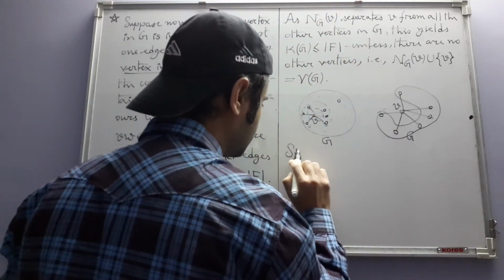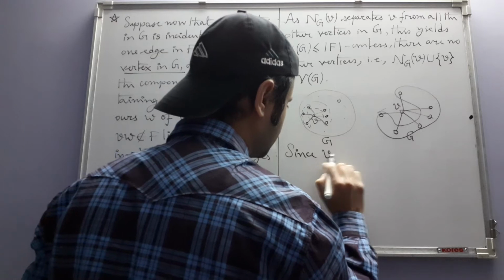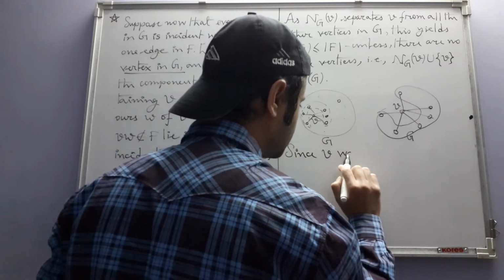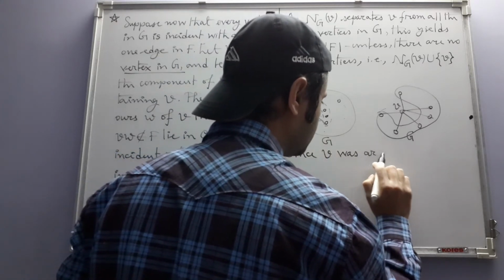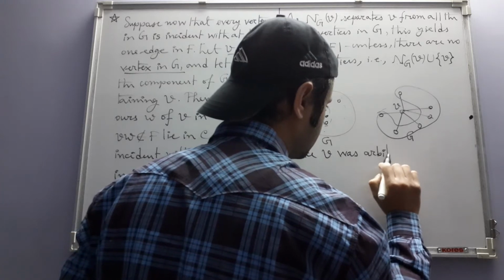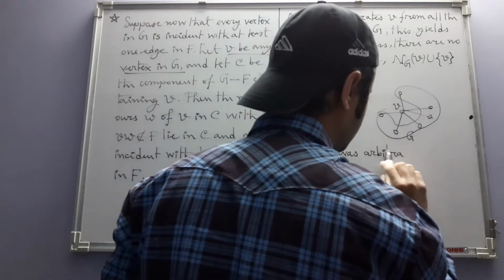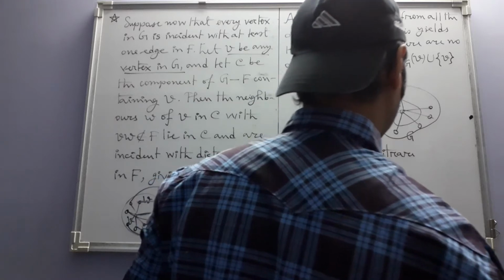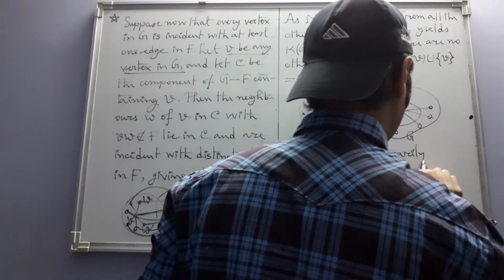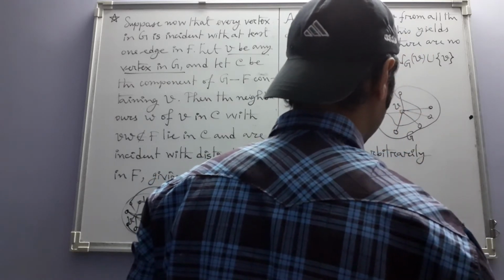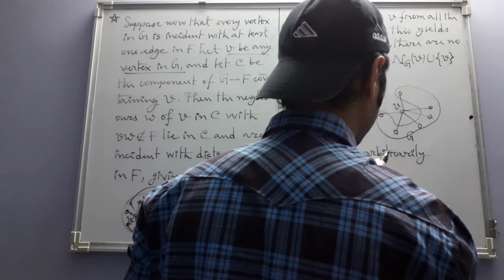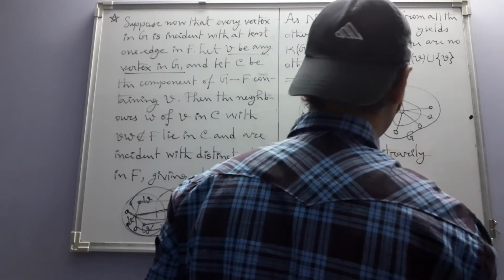Since V was arbitrarily chosen, have I written the spelling correctly? Arbitrarily, okay.